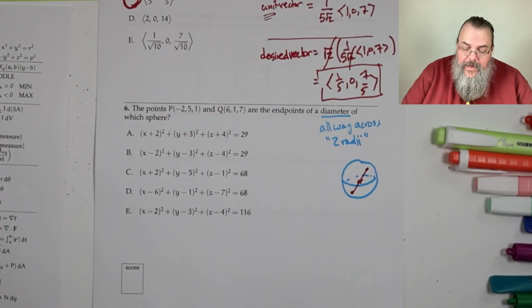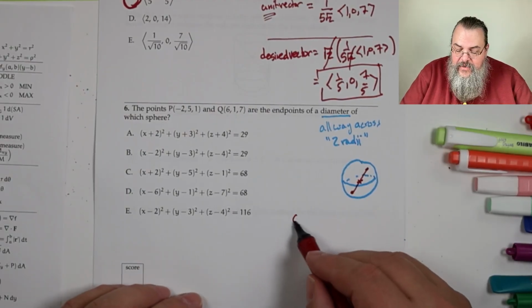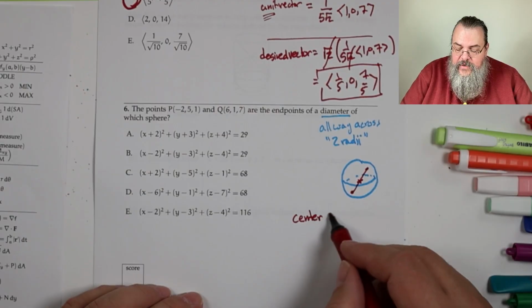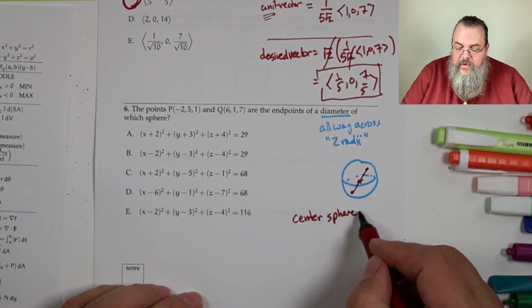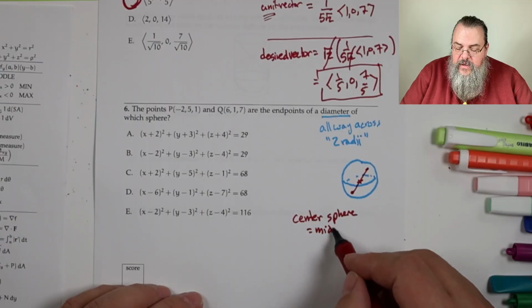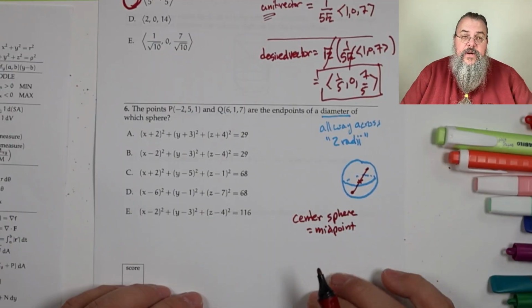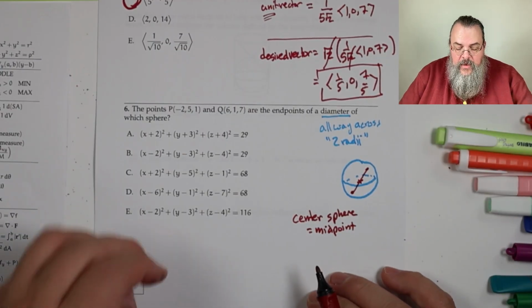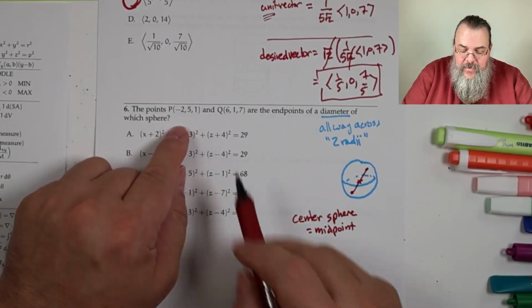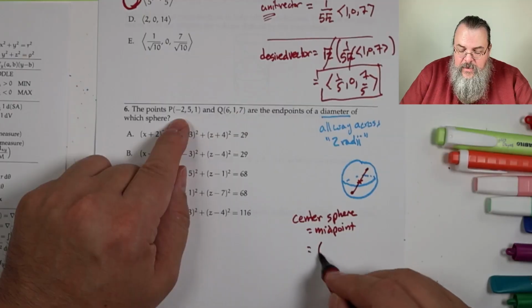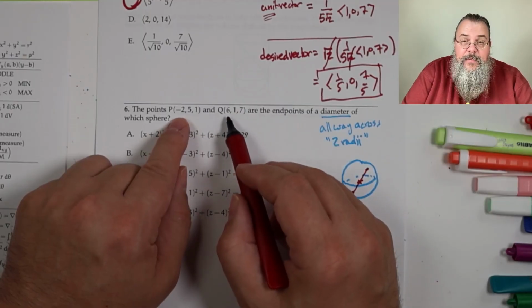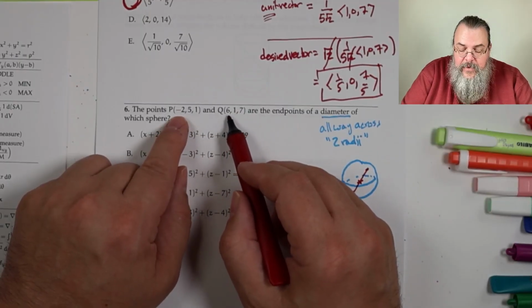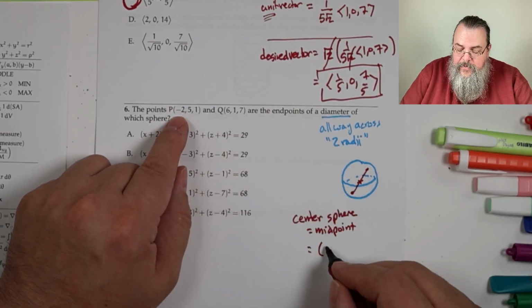So we say, okay, the center of our sphere is equal to our midpoint. And all right, well, that's going to help narrow things down quite a lot. So let's figure out what our midpoint is. Well, you're going to add and divide by 2. So -2 plus 6 is 4. Divide by 2 is 2.